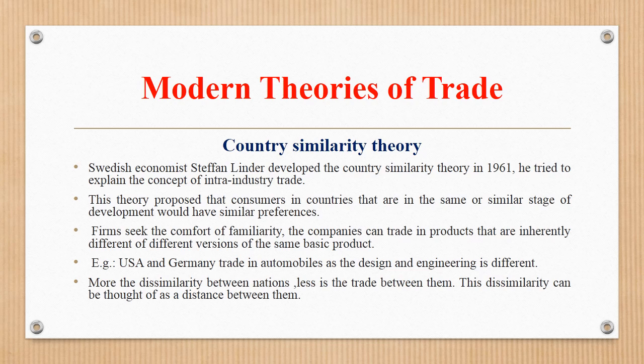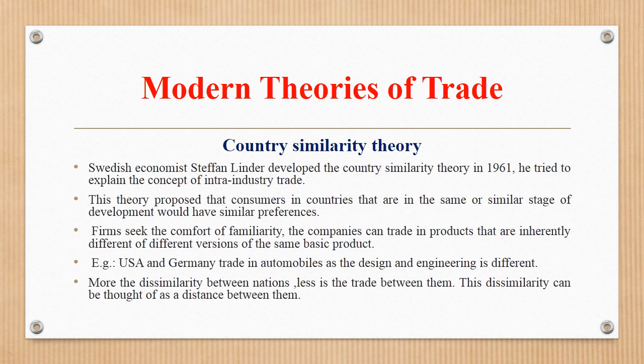So, the first theory is country similarity theory. This theory was given by a Swedish economist, Staffan Linder. The theory marked its emergence in the year 1961 and explained the concept of intra-industry trade.